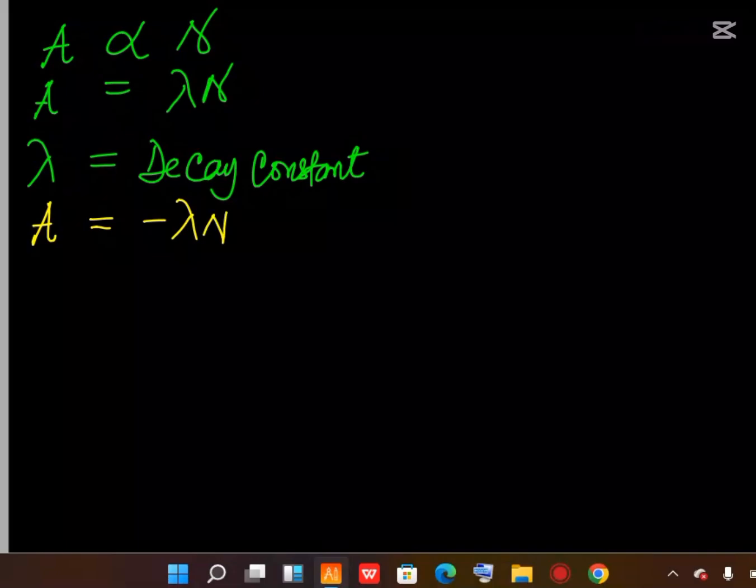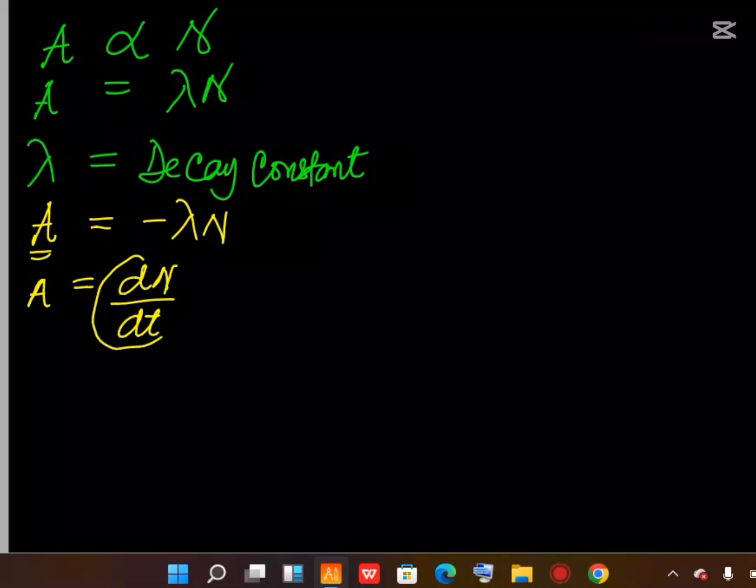And we also know that A, which is activity, decay per second measured in becquerel, Bq, is usually equal to the rate of change of N with respect to time t.